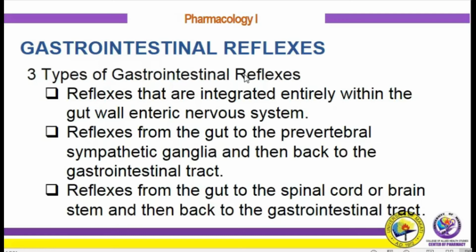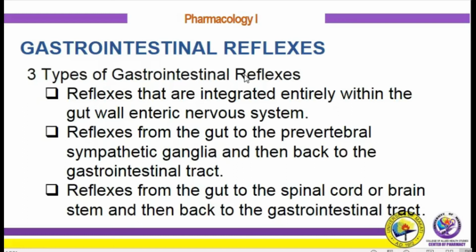The second one is reflexes from the gut to the prevertebral sympathetic ganglia, and then back to the gastrointestinal tract.